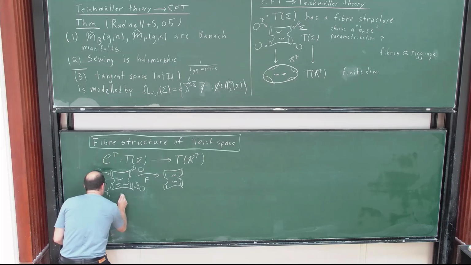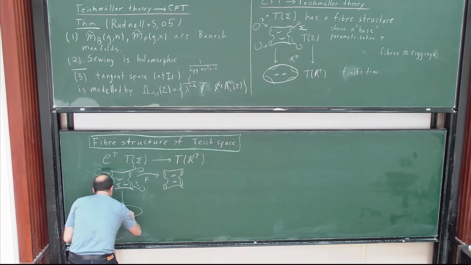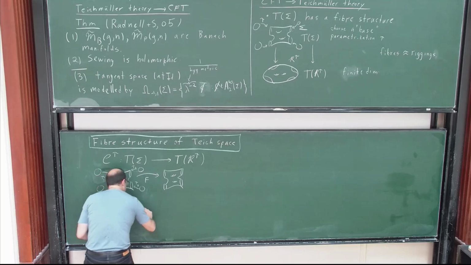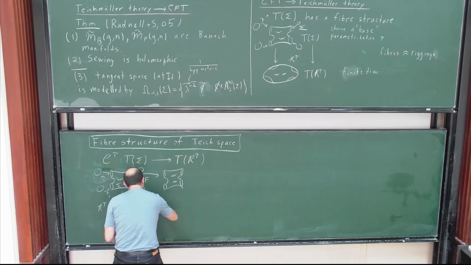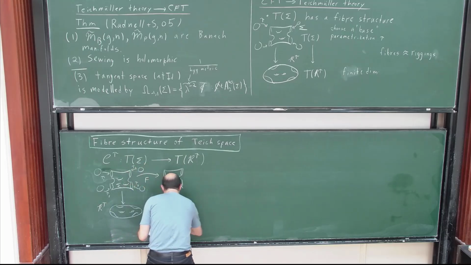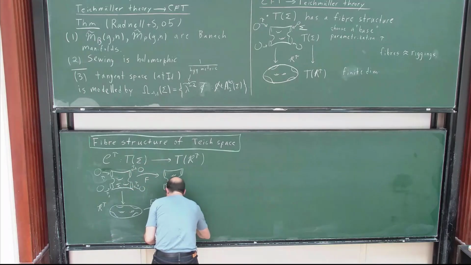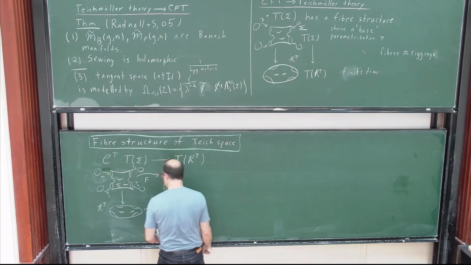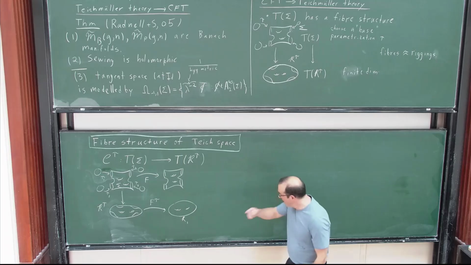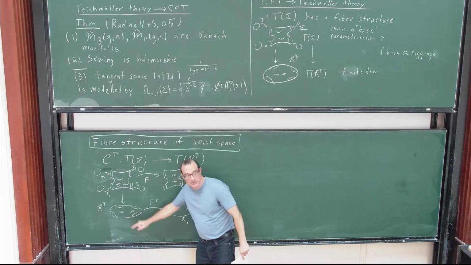So now you sew this on. You get a new surface, R tau. And now you get a new quasi-conformal map, which I'm going to call F tau, into an R1 surface. And we're actually going to forget about these curves.